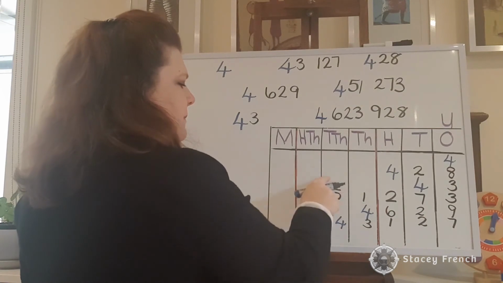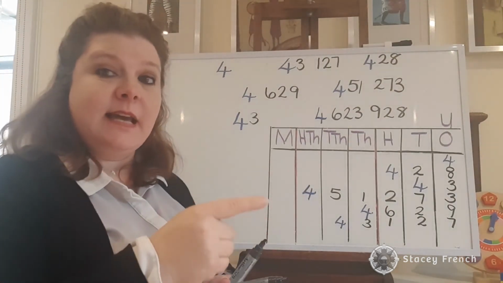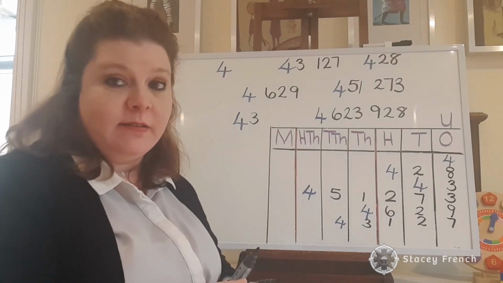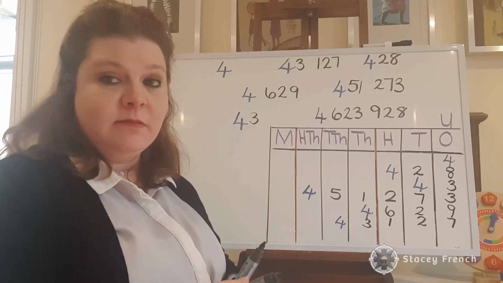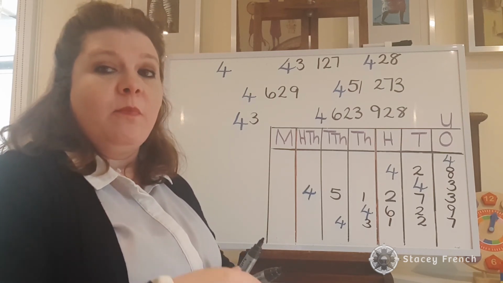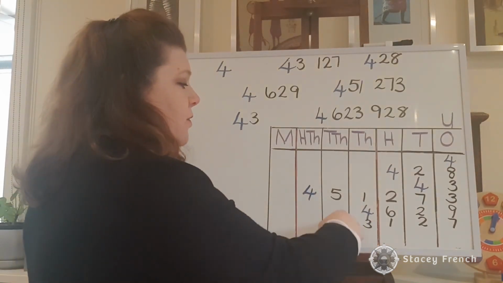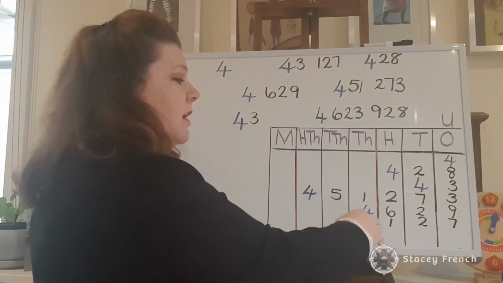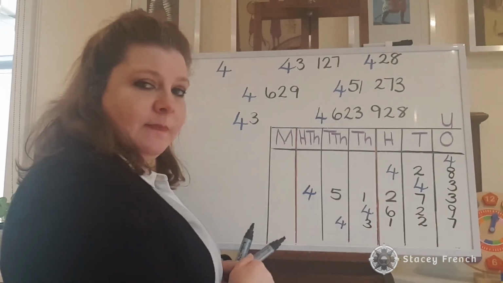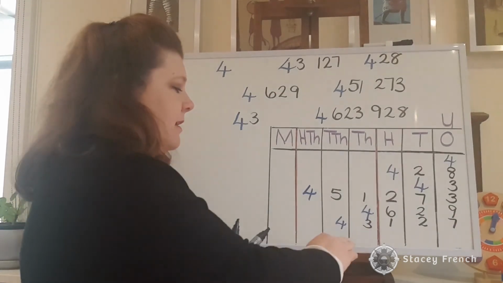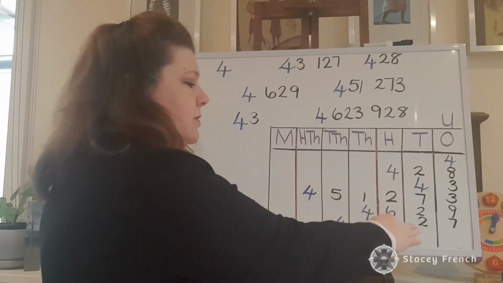The 40 is 10,000. 10,000 times 4 is 40,000. So it has a value of 40,000. Put it with the 3, 43,000 to say it. 43,000, breath, 127. Try saying that again. 43,000, breath, 127.